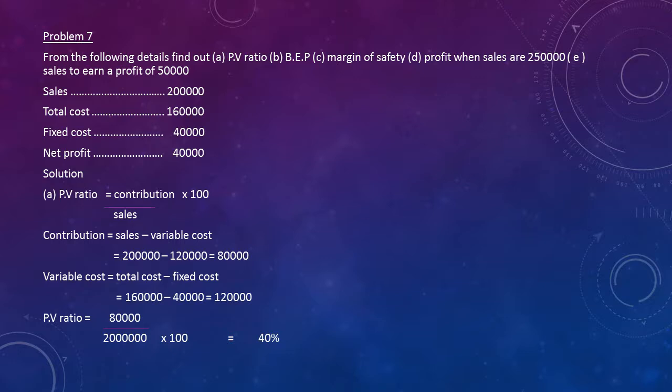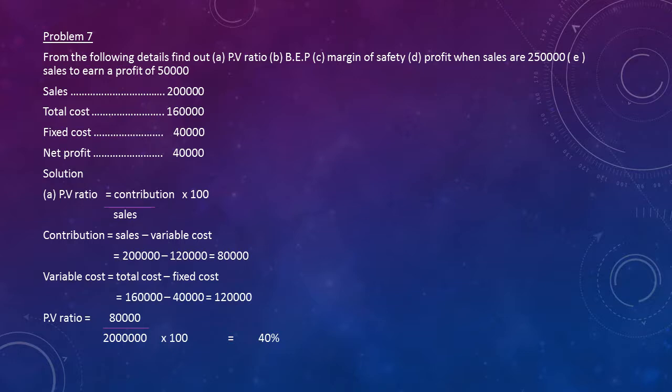Fixed cost plus variable cost is equal to total cost, so it is easy to find the variable cost amount. Total cost is 1,60,000, fixed cost is 40,000, so the balance amount is variable cost. Variable cost comes to 1,20,000.